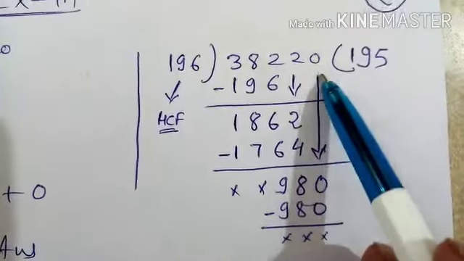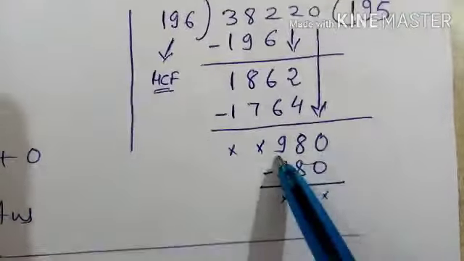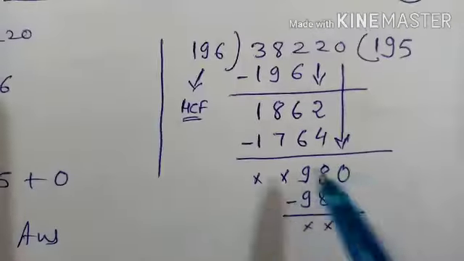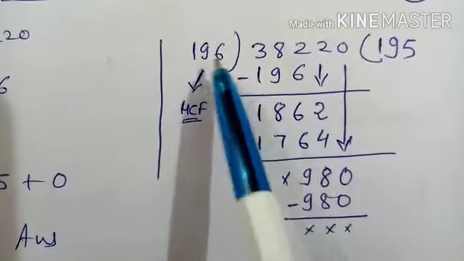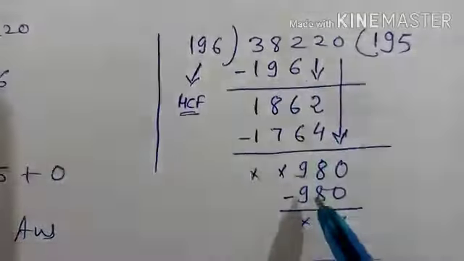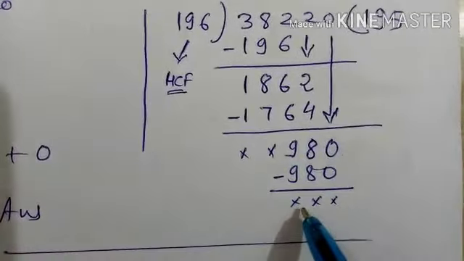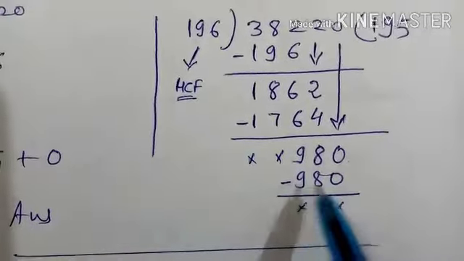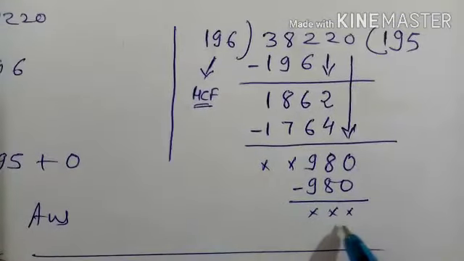One more digit 0 remaining, so the 0 transfers here, so it will be 980. Now 196 into 5 is 980, and 980 cancels out, so our remainder is 0.